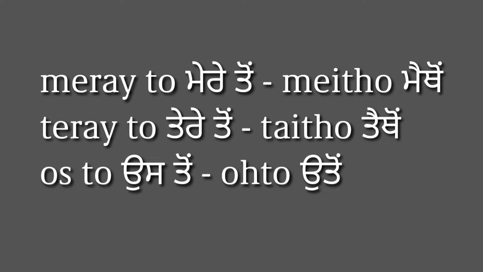Even though these are the textbook words. Sometimes we use them, but most of the time, I think 90% of the time, we use maithon, oton, tethon, stuff like that. You can also use textbook words if you want. That's also totally fine. We can understand that. But to understand us, you need to learn these words.